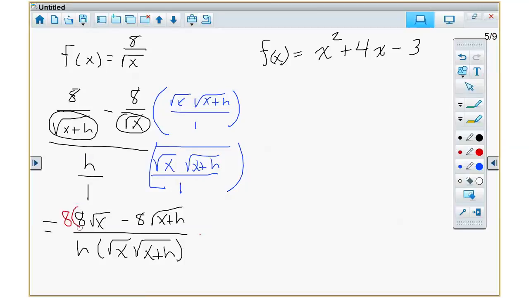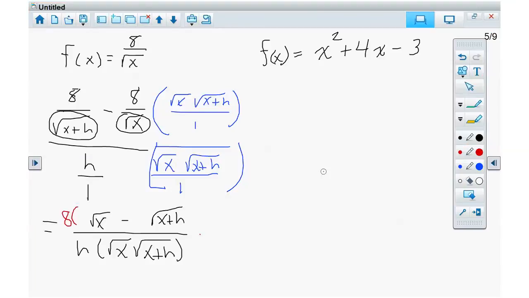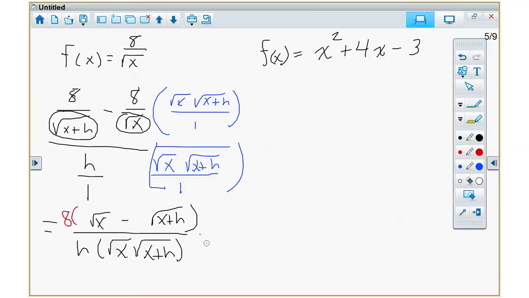parentheses. How do you multiply the reciprocal times that, I'm not the reciprocal, your function times that, common denominator? Okay, 8 times this over this. What happens to the x plus h's? They cancel and you get the square root of x. And then 8 times this over this. Yes, distribute.